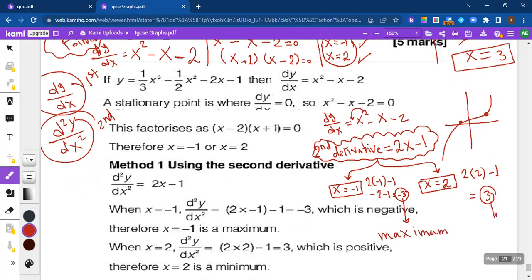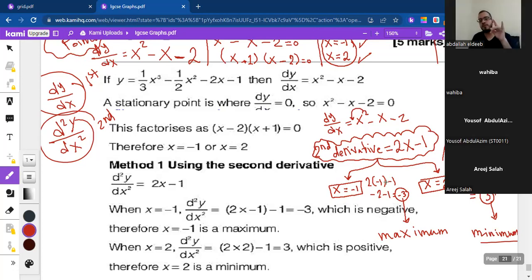And the positive one is the minimum point. We do the opposite: the positive one will be the minimum and the negative one will be the maximum.